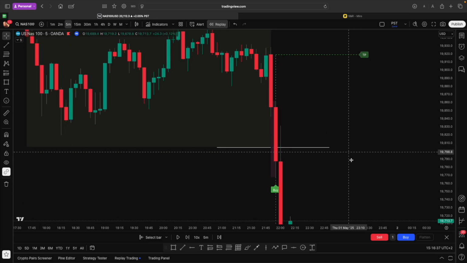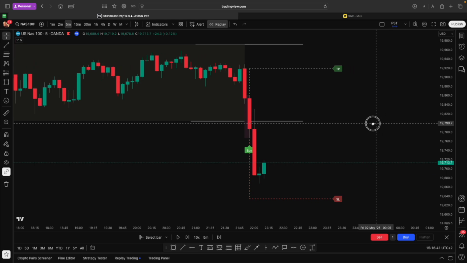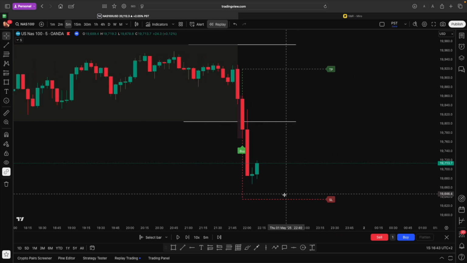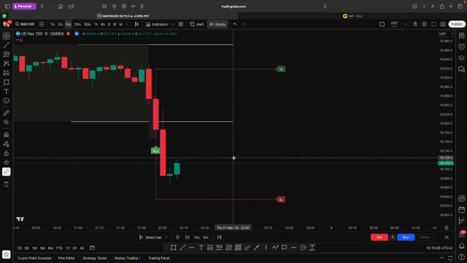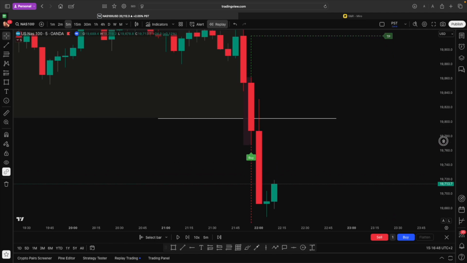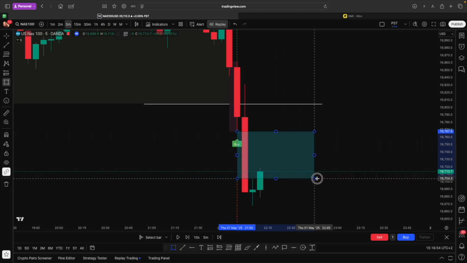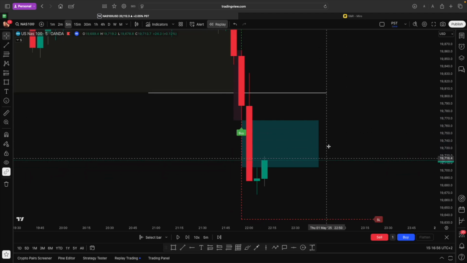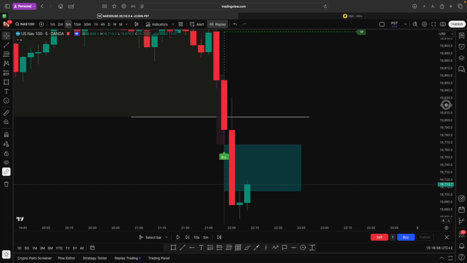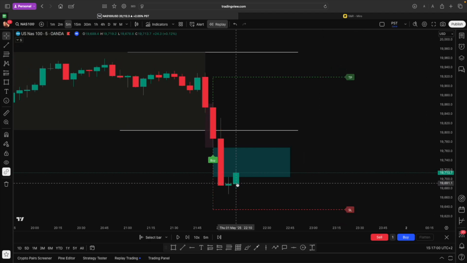There we go. You can see here the indicator automatically plotted out your TP and your stop loss for you. And remember, now we're going to wait for a fair value gap that has been formed right over here. We want this one to become an inverse fair value gap for us to continue our move to the given TP.